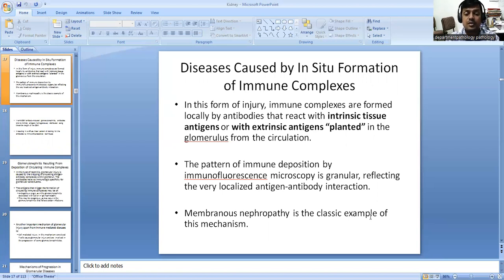The pattern of immune deposition by fluorescence microscopy is granular, reflecting the very localized antigen-antibody interaction. Membranous nephropathy is the classic example of in situ formation of immune complex.